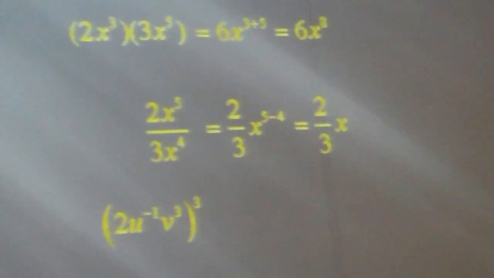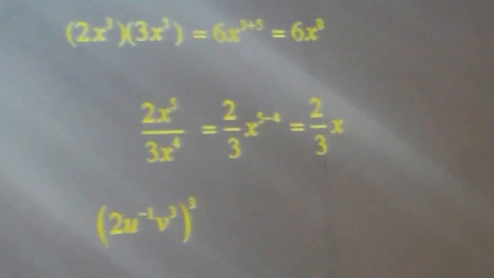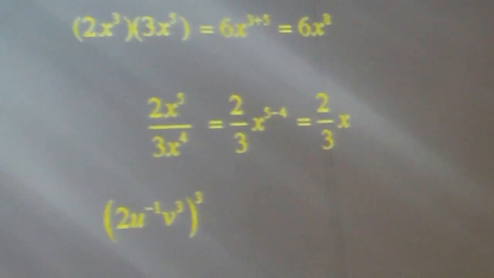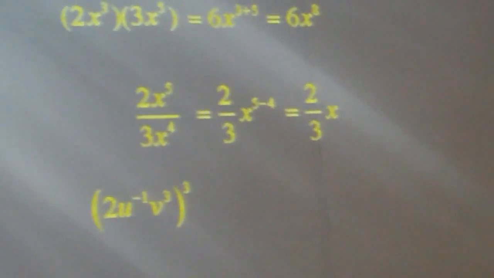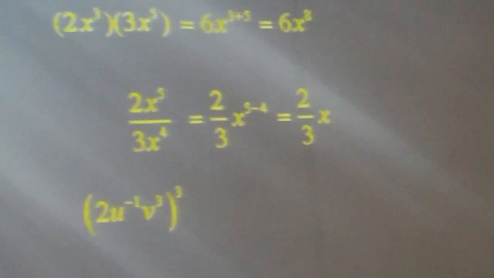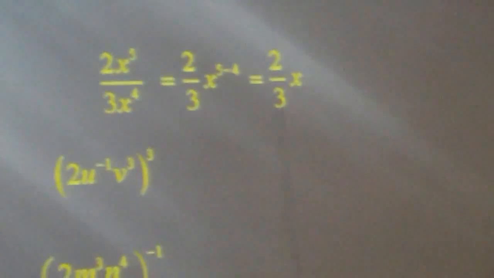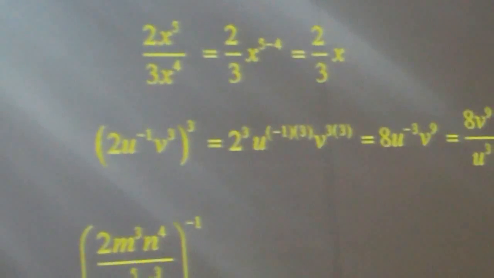Third one, 2u to the negative 1 v cubed. All of that is being cubed. What do I do with the cube? Bring it to all.